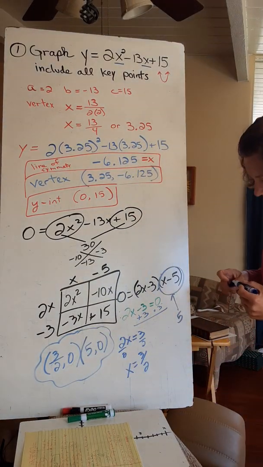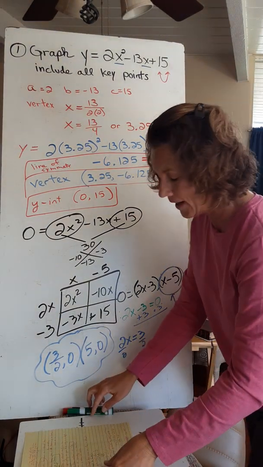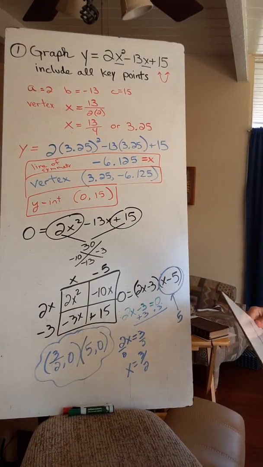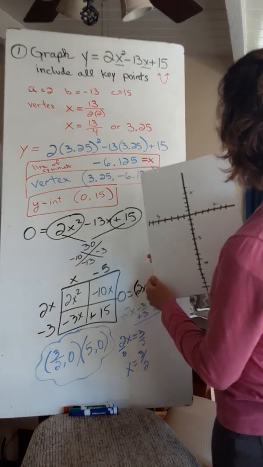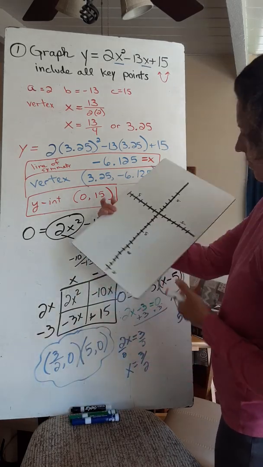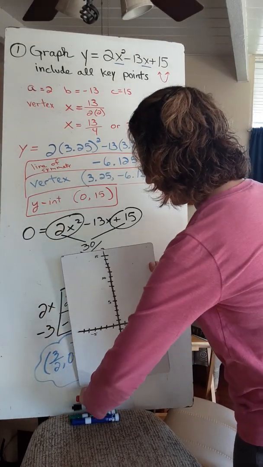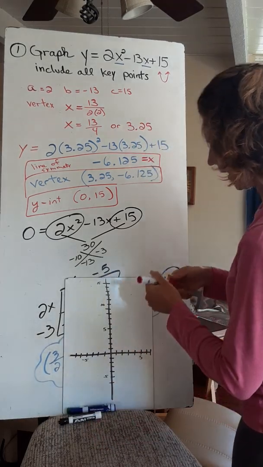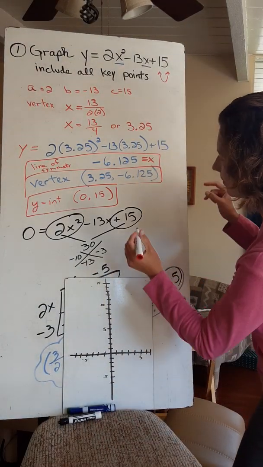key point. So when we graph it, which I have a separate graph again, we are going to put our y-intercept, oops, here's the proper way it should be. Our y-intercept is all the way up here at 15.